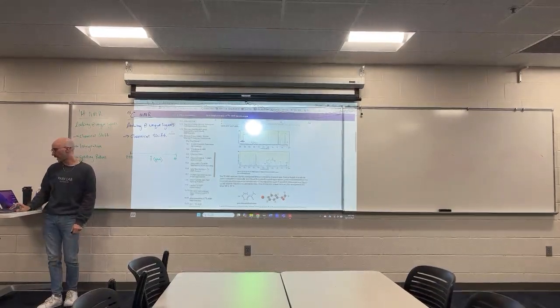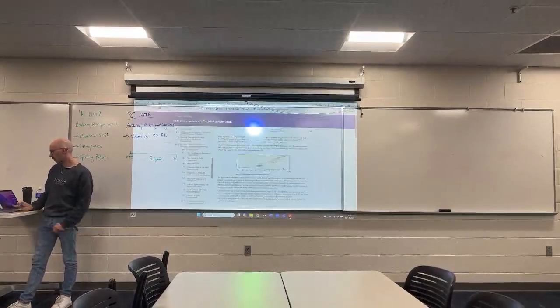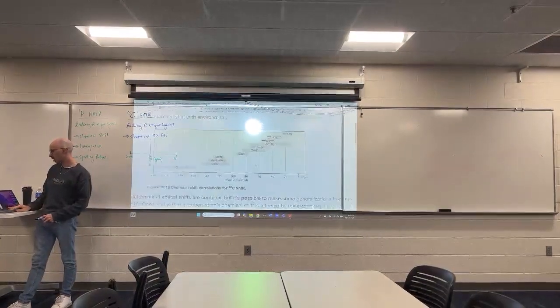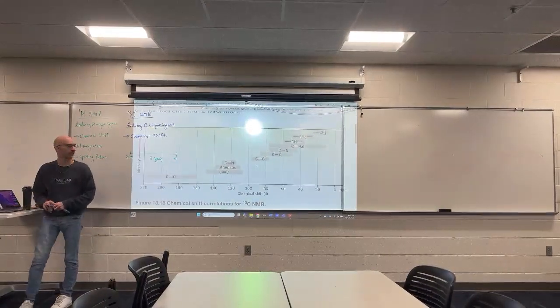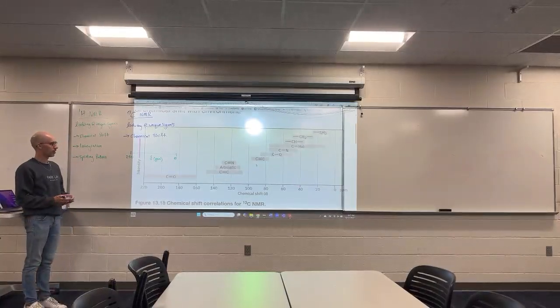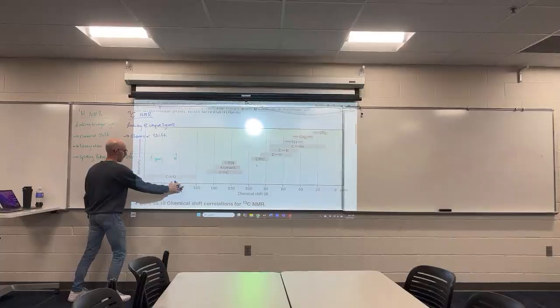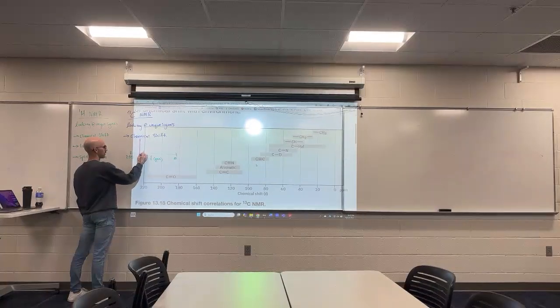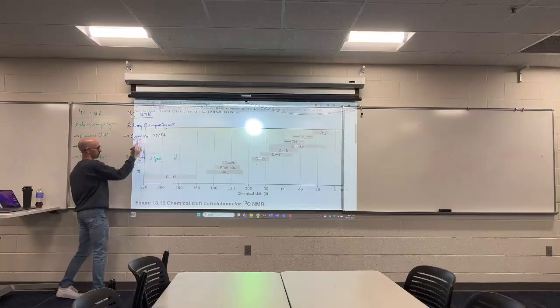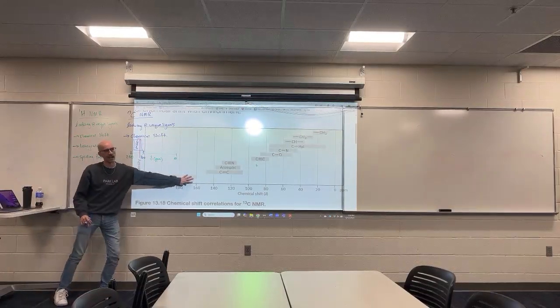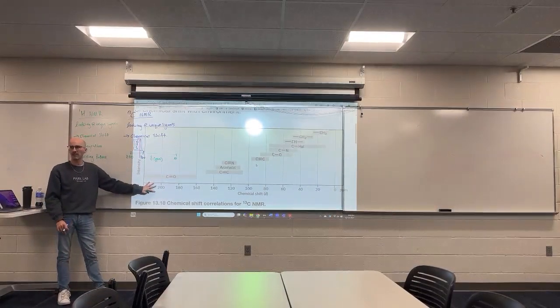In a similar way to our proton NMR, we can show this overlap of regions along that axis. What I want you to notice is that from about 160 to 220 is all carbonyl carbons. So if you have this high frequency signal far to the left, you know you've got a carbonyl in your compound.